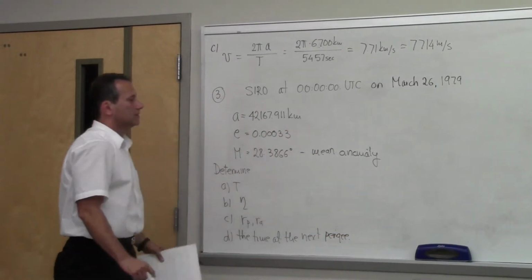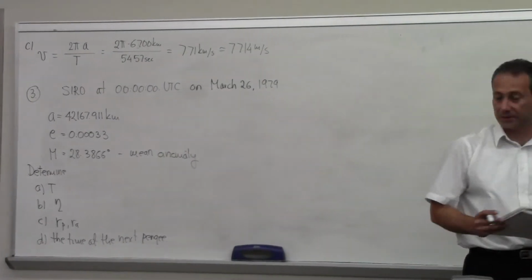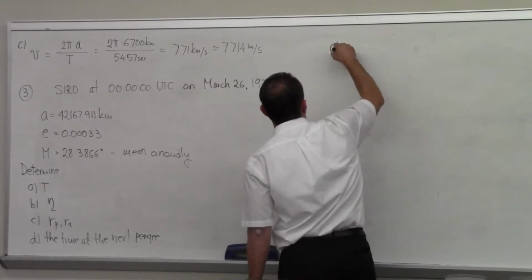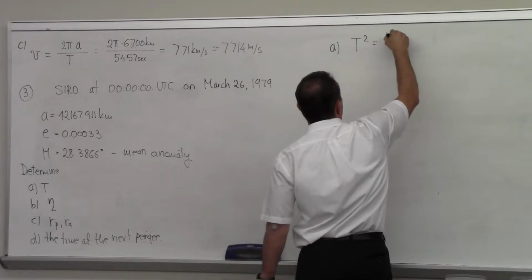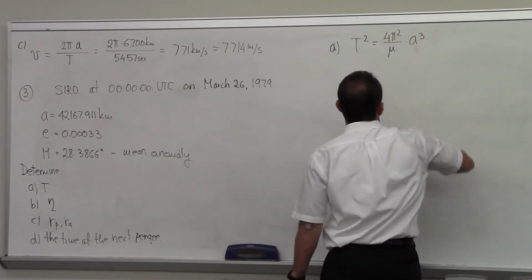Okay. Similar problem to the previous one, just kind of exercise these things. So, how do we determine period? We're going to determine that from Kepler's third law. So this is 4 pi squared over mu times a cubed.